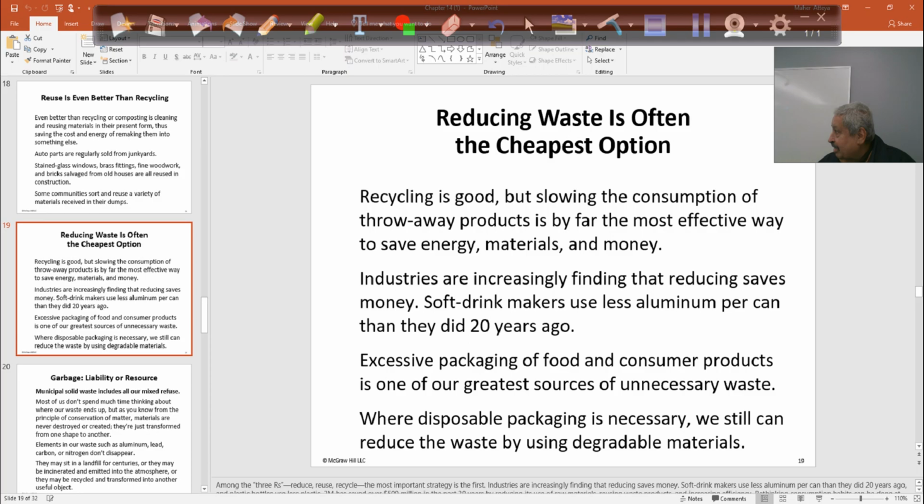Look at the aluminum. Twenty or thirty years ago, if you had a soda, you would see thick aluminum. Most of the cars, if you drove one in the 70s or 80s, you could see how much steel there was. It was like a military tank, very thick steel.